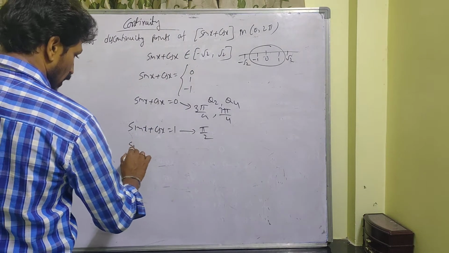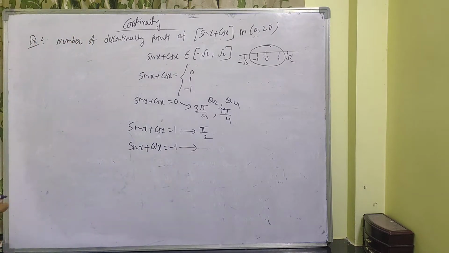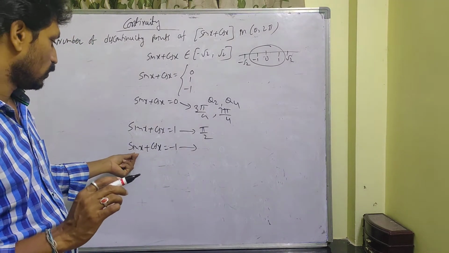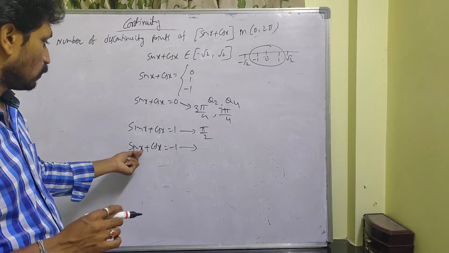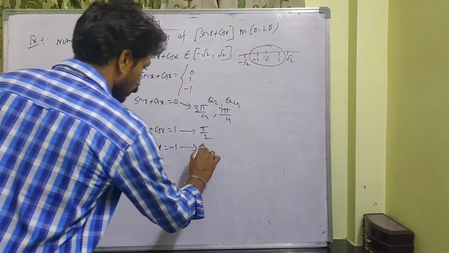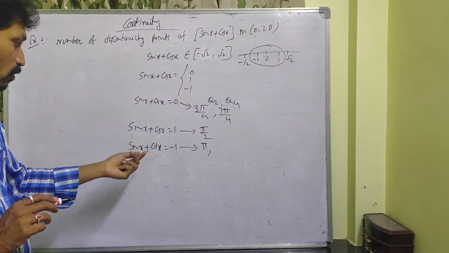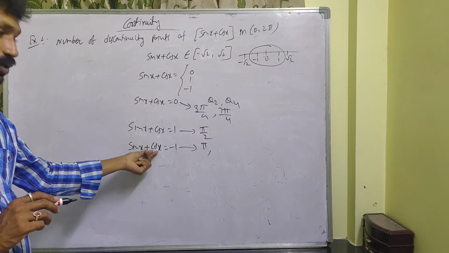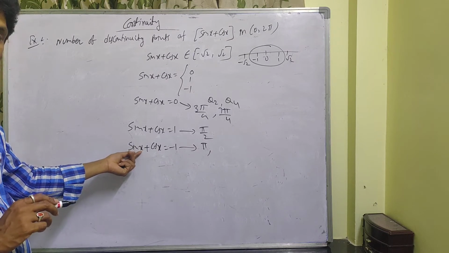Next, sin x plus cos x is equal to minus 1. This means when sin is 0, cos is minus 1, which is possible at π, where cos π is minus 1 and sin π is 0. And one more, sin is minus 1 and cos is 0, which happens at 3π by 2.